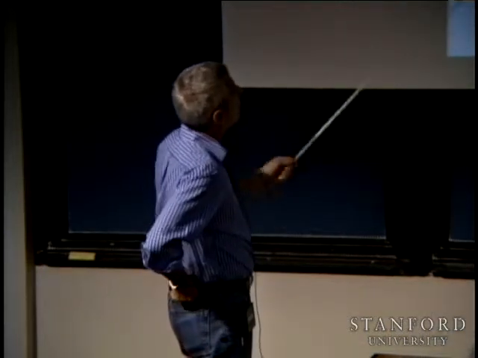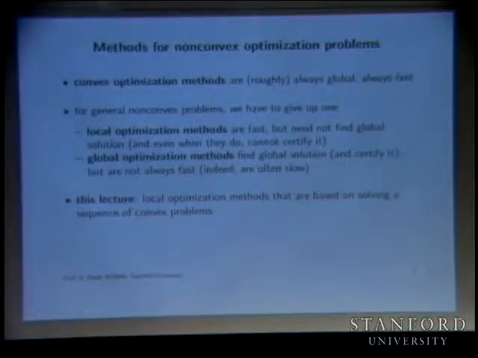Now, what we'll talk about here is a specific class of local optimization methods, and they're based on solving a sequence of convex programs. But it should be understood what the semantics of everything we're going to do today is. We're not solving any problems at all. When we quote solve unquote a problem, I'll stop saying quote unquote, but you'll hear it.